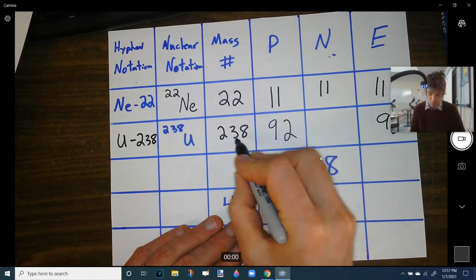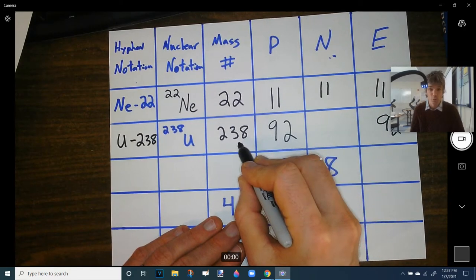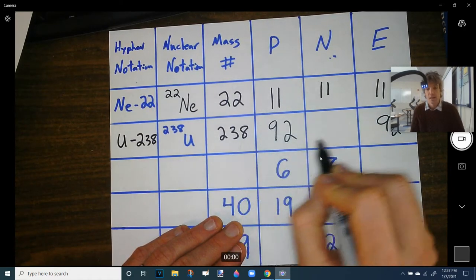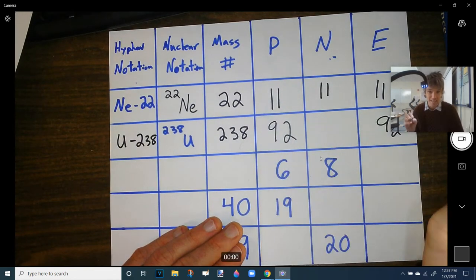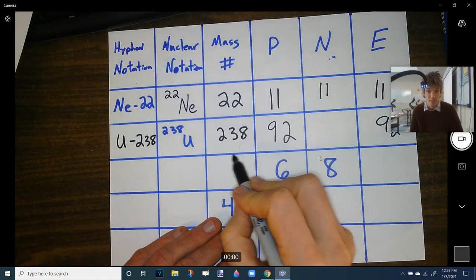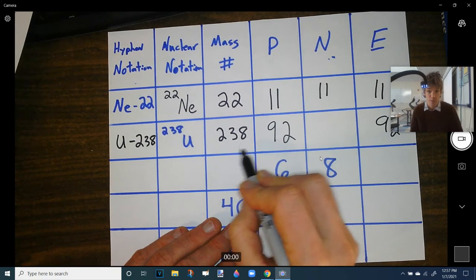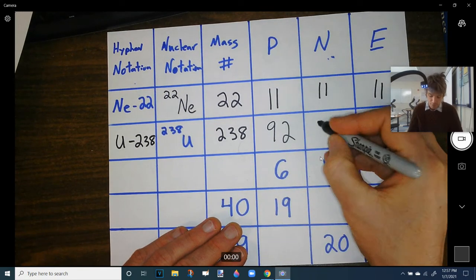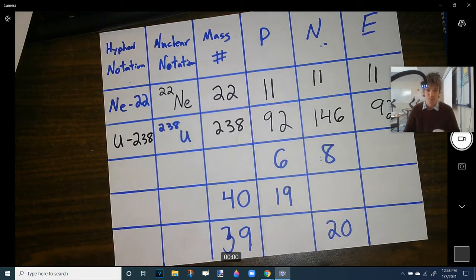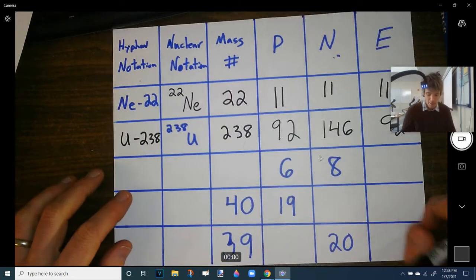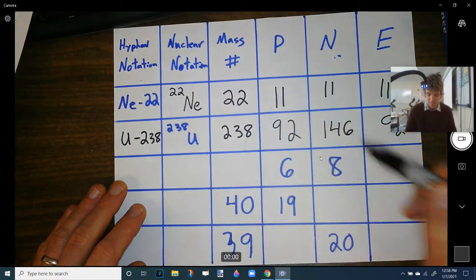And then I would subtract 92 from 238 to get the number of neutrons. So 92 plus 8 is 100. 100 take away 238 is 138, plus 8 is 146. All right? So I didn't really subtract, I added. What do I add to this to get to that?